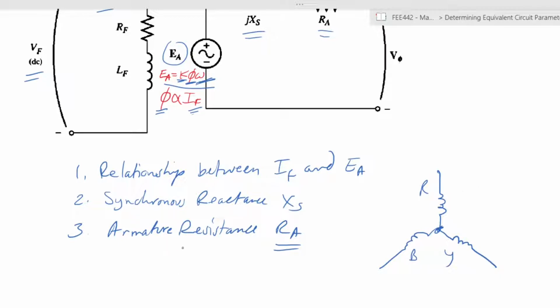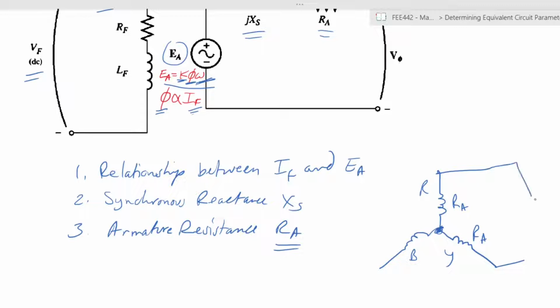The armature resistance is simply the resistance of the coils or the windings that make up the alternator or the armature. That would be very simple, in that you would simply connect two of them in a star configuration, and you would assume that each is RA.